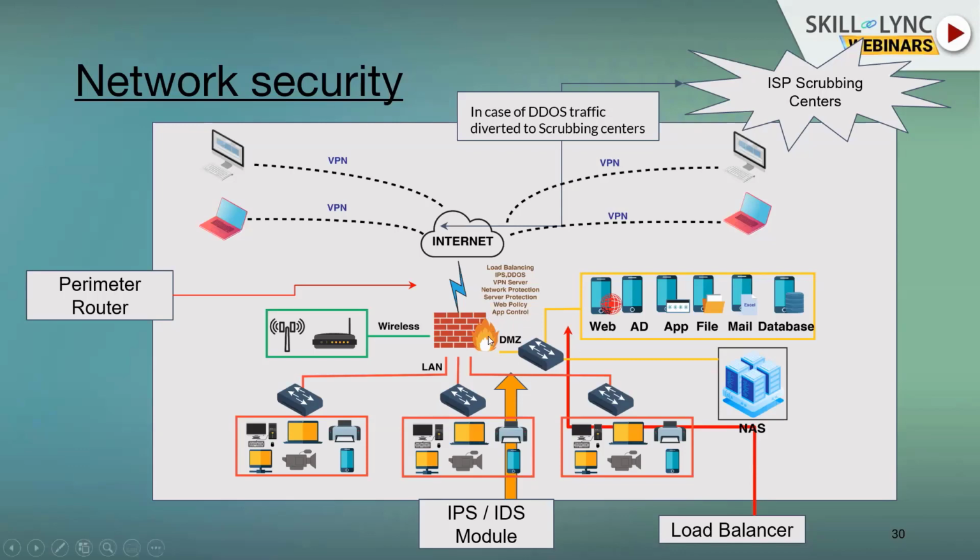From layer 5 to layer 7, it is inspected by the IPS or the IDS module. So it checks your payload information, like if someone has sent an SQL injection payload or a cross-site scripting payload, all that would be verified by the IPS, the intrusion prevention system, or the IDS, the intrusion detection system.